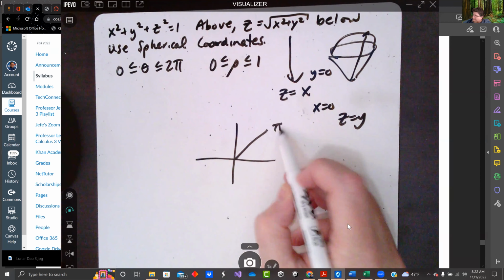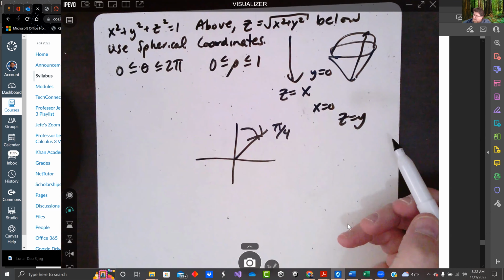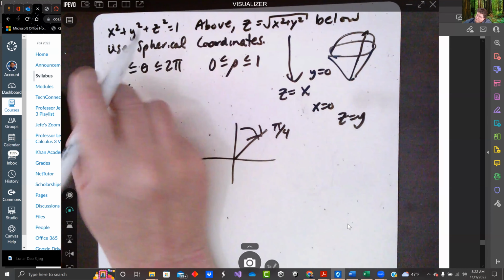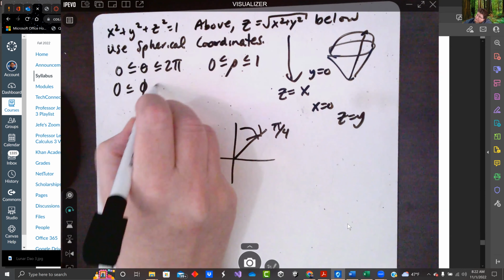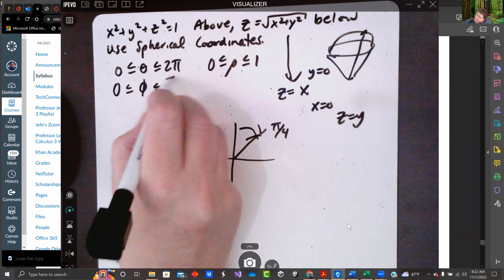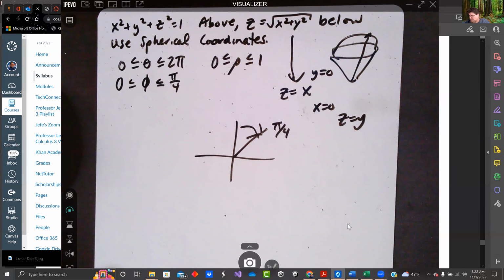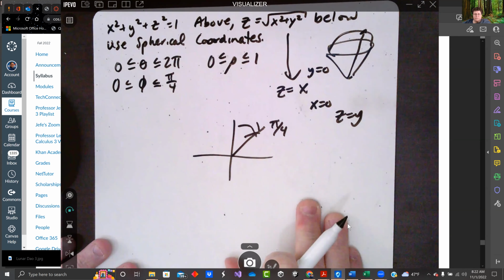That would be pi over 4 coming off that axis. So phi should go from 0 to pi over 4. And now all my limits got really easy.